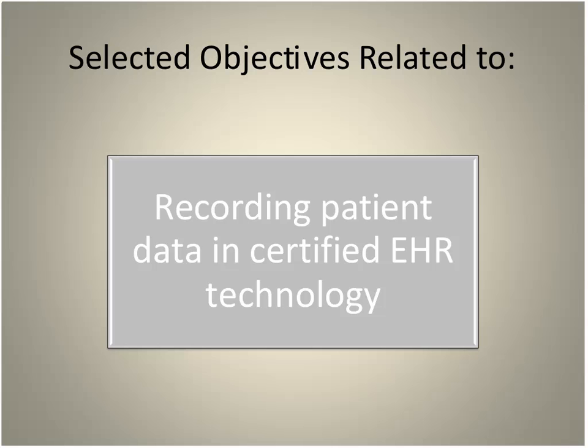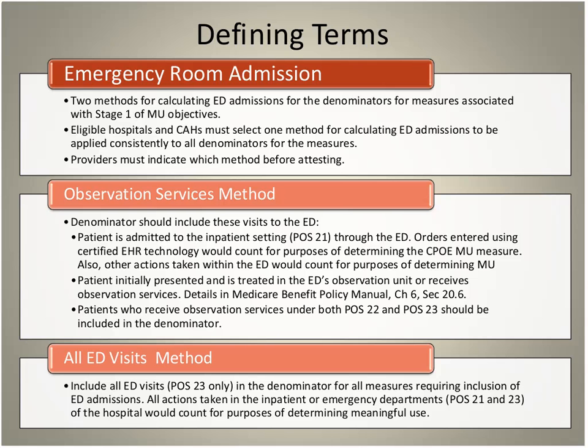That's the technology we have to use in order to qualify, and then we have to meet all of these objectives. So there are some terms that we need to make sure that we're comfortable with and familiar with in these definitions that we'll run across.